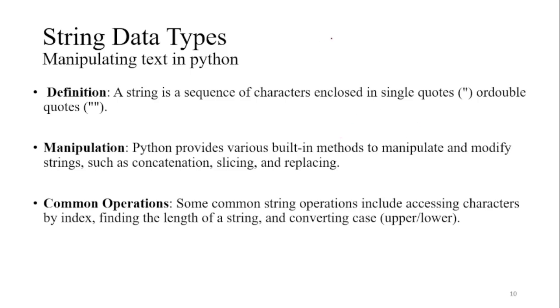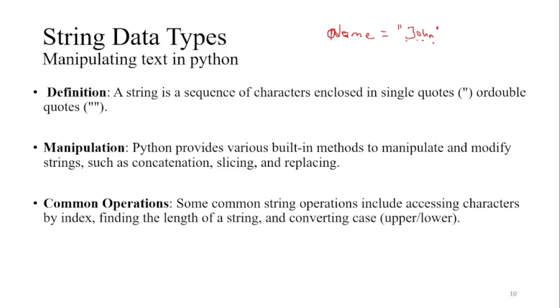In that case, I'll say I have a, our name, and I assign it to John. So this is a string. It is enclosed in double quotes. It's simply a sequence of characters: J, O, H, and N.